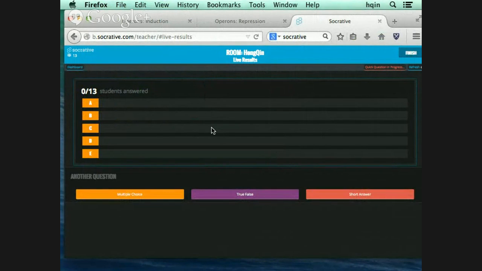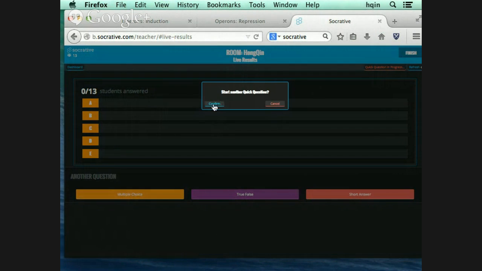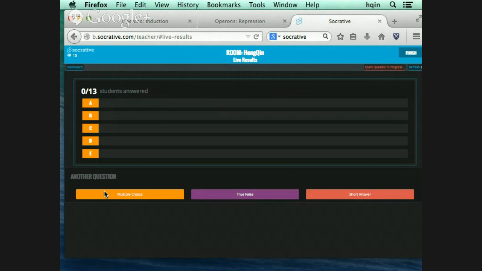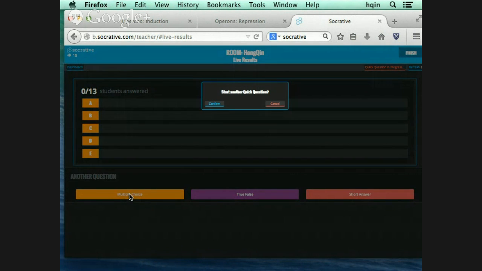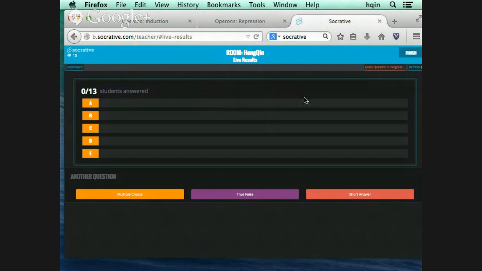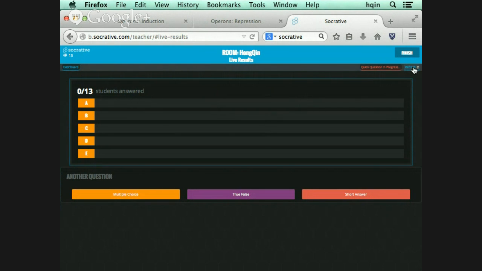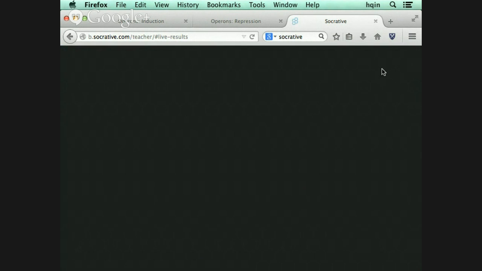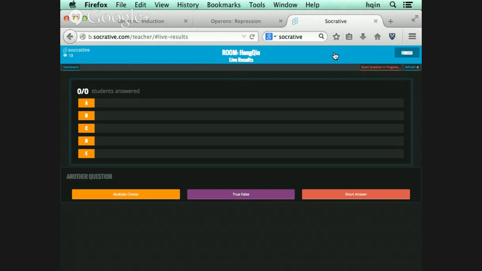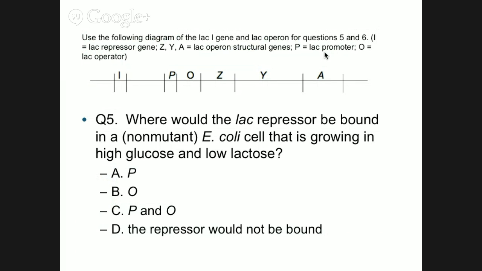Hold on. Okay, so the question is again, now E. coli is growing in high glucose and low lactose. Where would the repressor be bound?